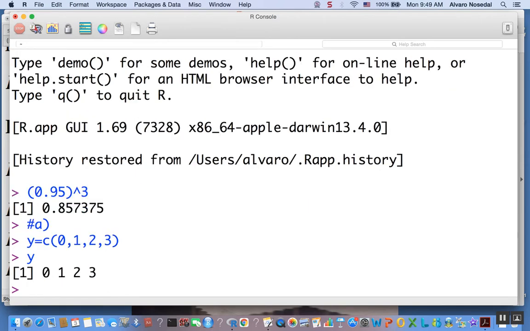Now, if we want to evaluate the probability mass function at a particular point, all we have to do is this. Use the function dbinom, the number that we're interested in. So for instance, say that we wanted to evaluate at 0, and we need 2 parameters: size, which is our n, the number of trials, and prob, the probability of success for any given trial, in our case 0.05.